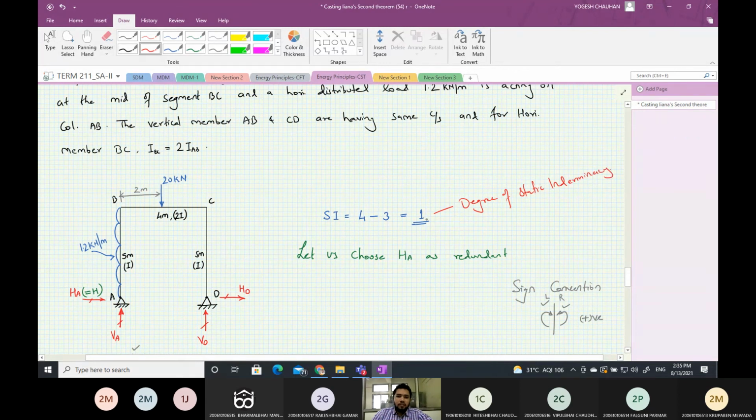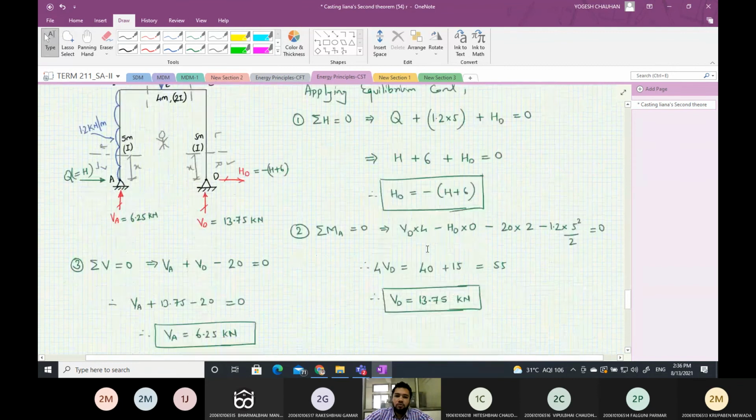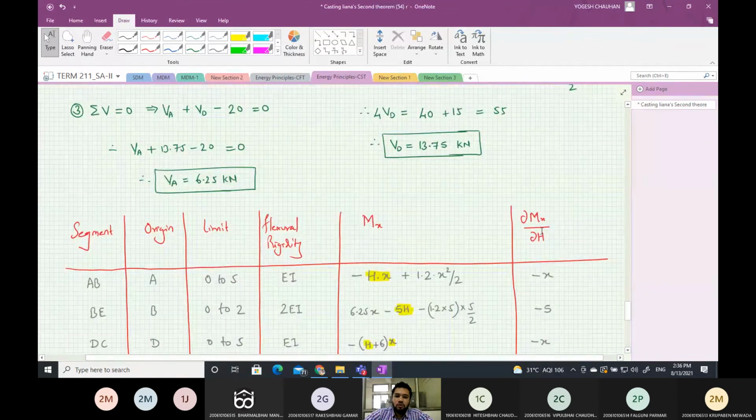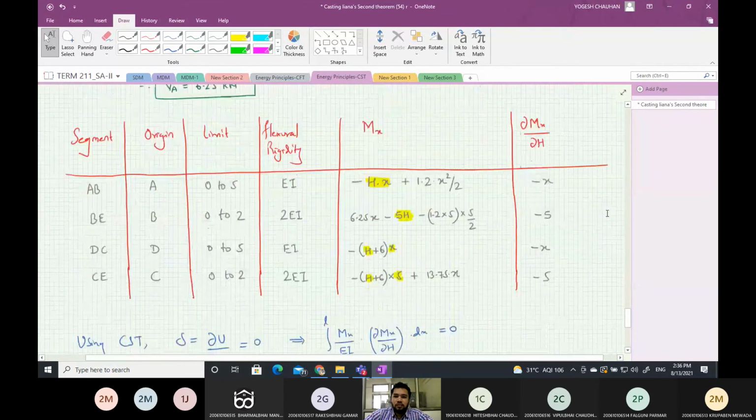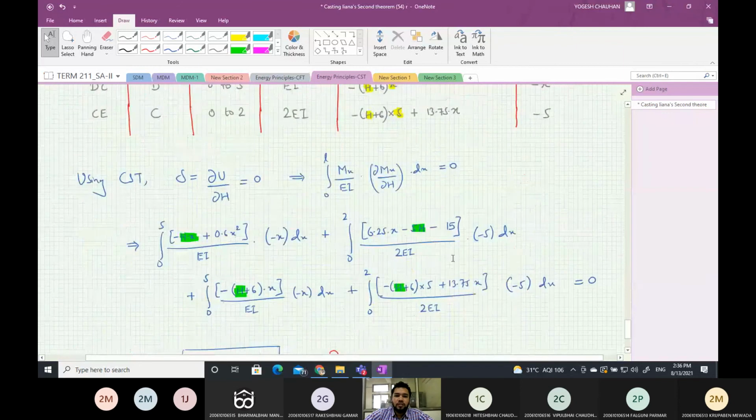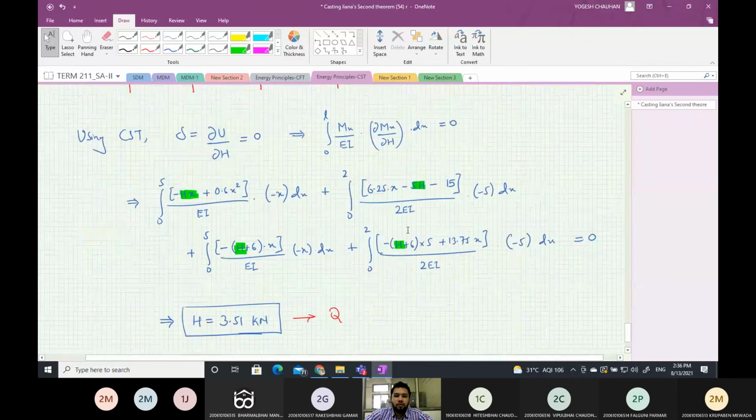If a higher degree of static indeterminacy is there, suppose you have a problem in which SI is 2, then you will have two such columns, H1 and H2, and you will have two simultaneous equations. Here we have only one unknown and one equation.